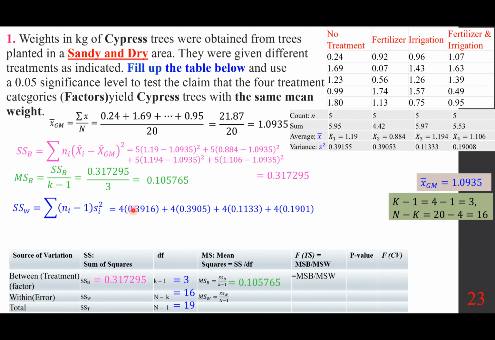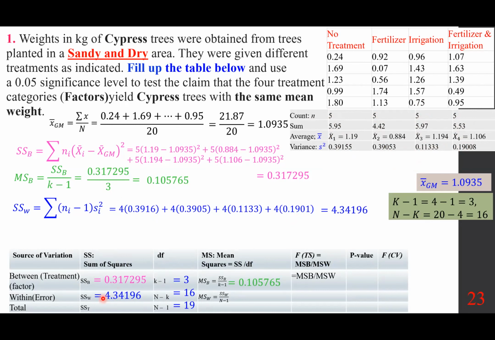And therefore in all cases, this 5 becomes 4, right? 5 minus 1. And then times this, plus 4 times this, 4 times this, and 4 times 0.1901. I have rounded. And so that becomes the sum of squares within, and we put it here.